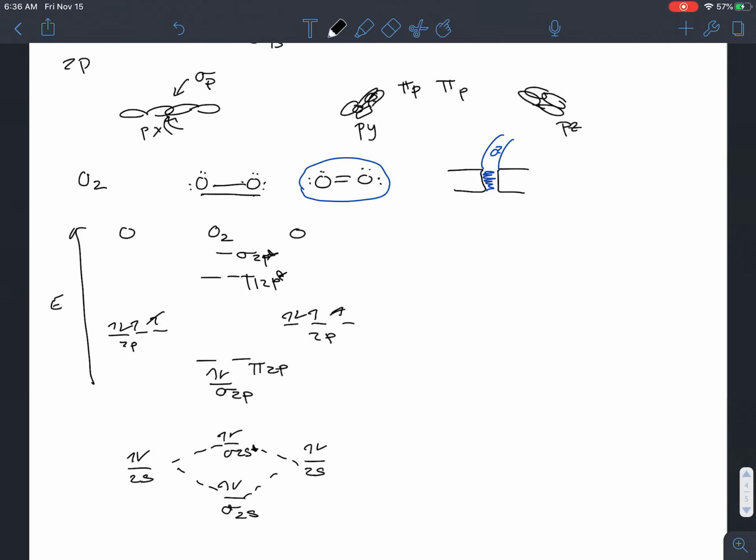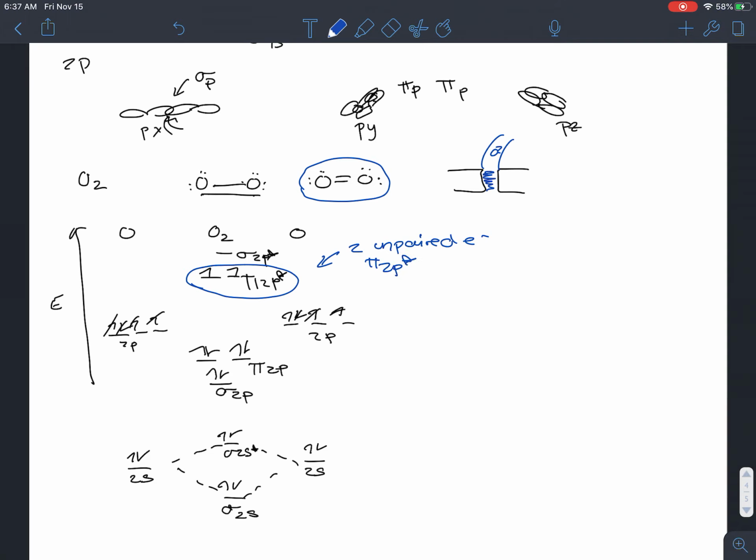Now, what you do is you fill in your electrons, one from each. So you take the one from here, that's gone, and you take one from here. Boom, that's paired. Now you move on to pi. Take one from here and another one from the other oxygen. Take another electron, you pair, and another electron. And then you have one more electron that goes to the antibonding and another. So here's the key right here.